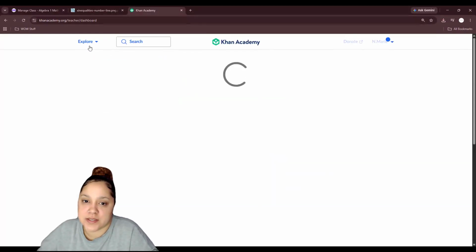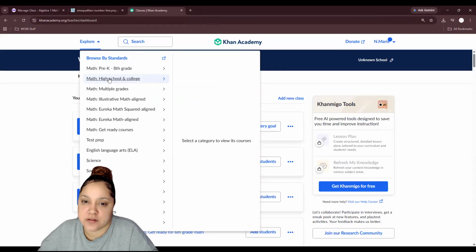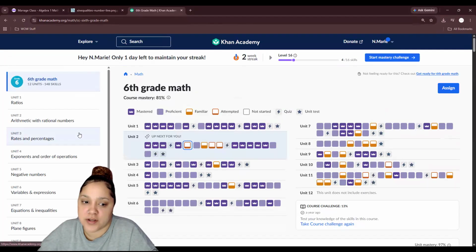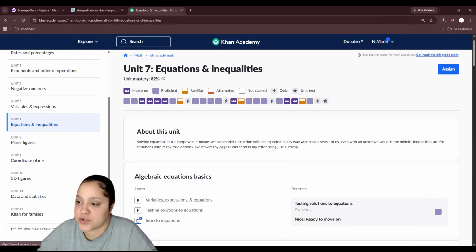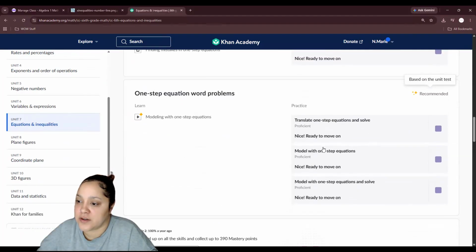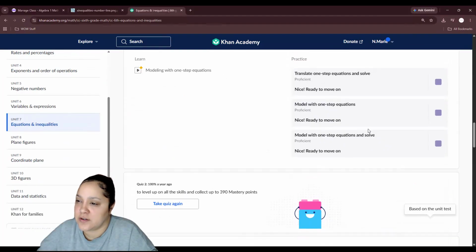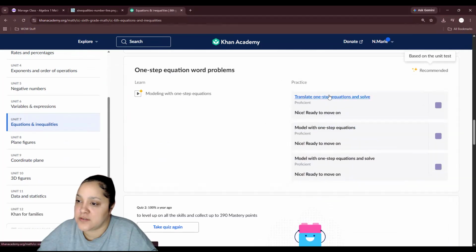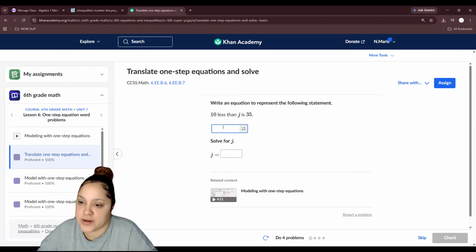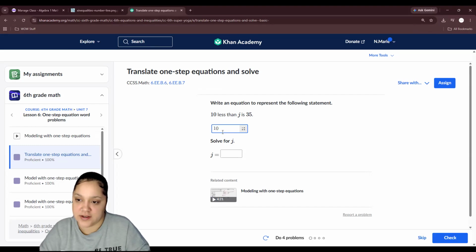You can practice these aside from worksheets. You can practice them on Khan Academy in the 6th grade area. You can see they're down here. Are these even solving one-step? I think this is more so writing, like 10 less than j is 35.